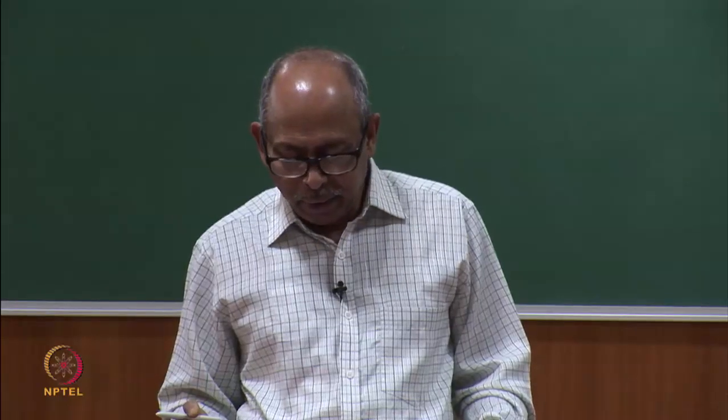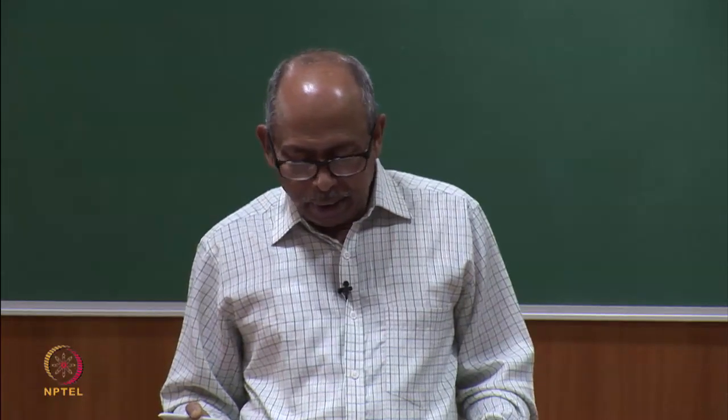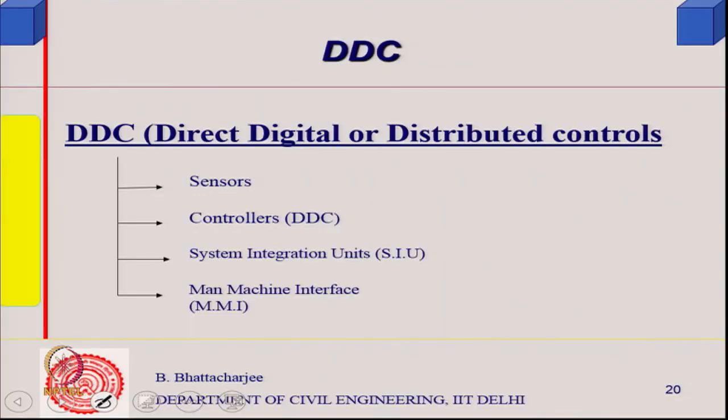So, they will have sensors, controllers, system integration units and a man machine interface, which could be simply monitors and things like that. So, that is the man machine interface.